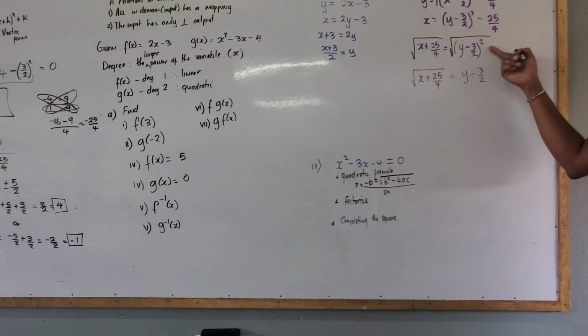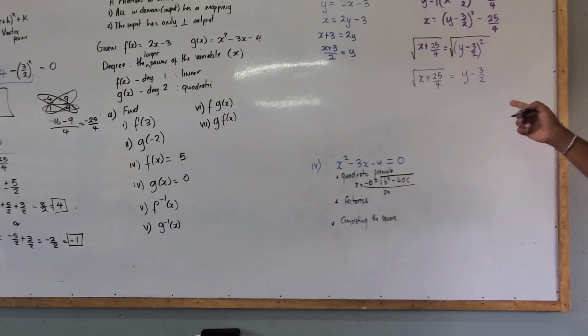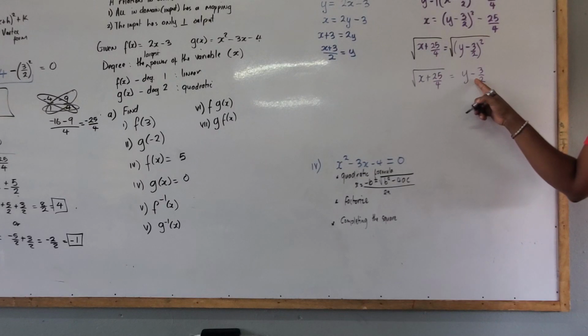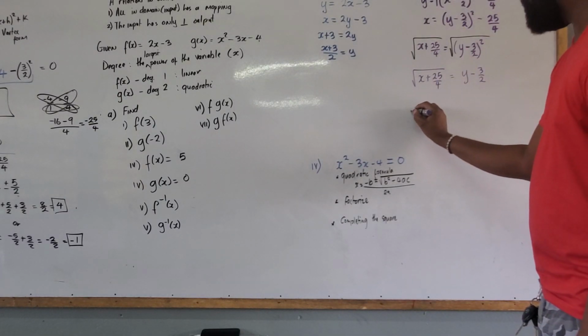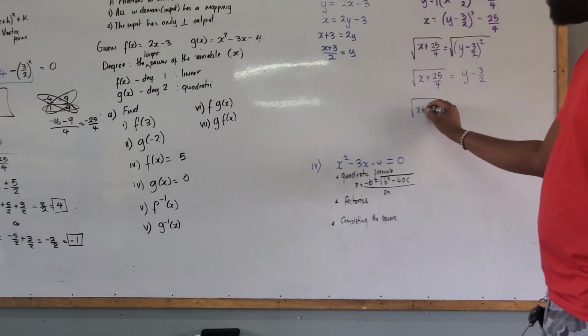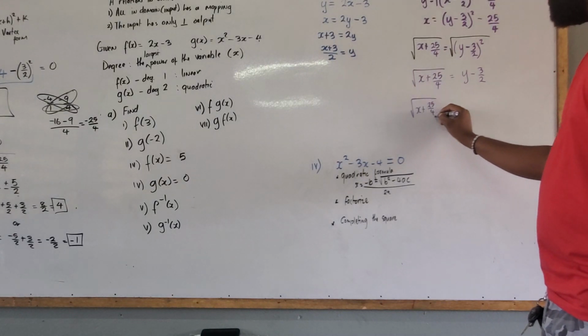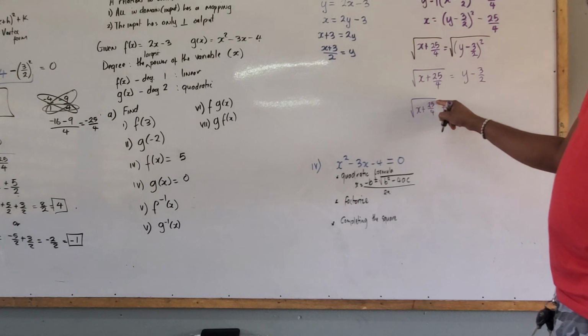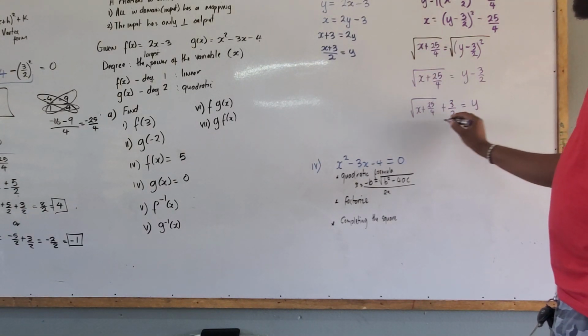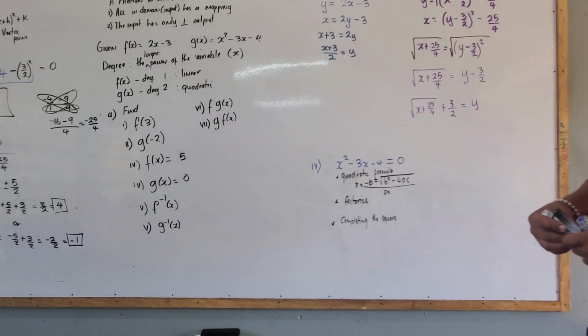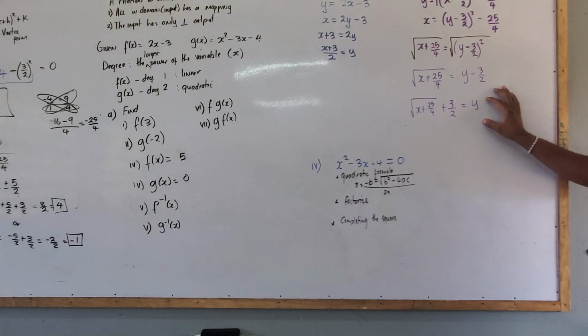The square is now gone. And then one last thing to calculate is just the 3 over 2. So I'm just going to add 3 over 2 to both sides. I'm going to have over here still the square root of x plus 25 over 4, plus, not under the square root now, 3 over 2 equal to y, and now I'm done. See, it works by itself.